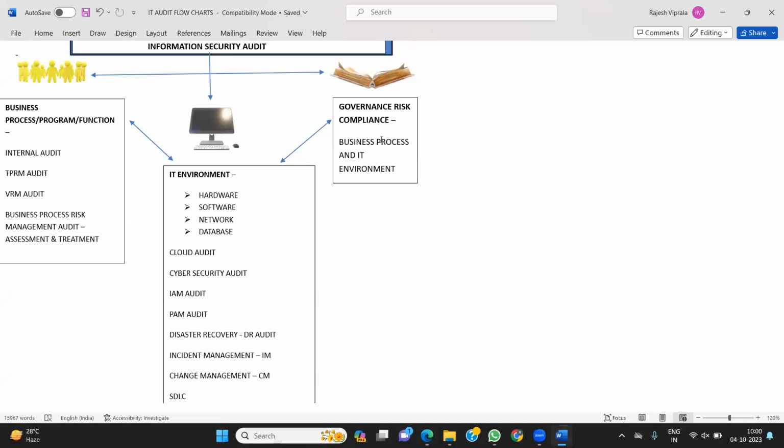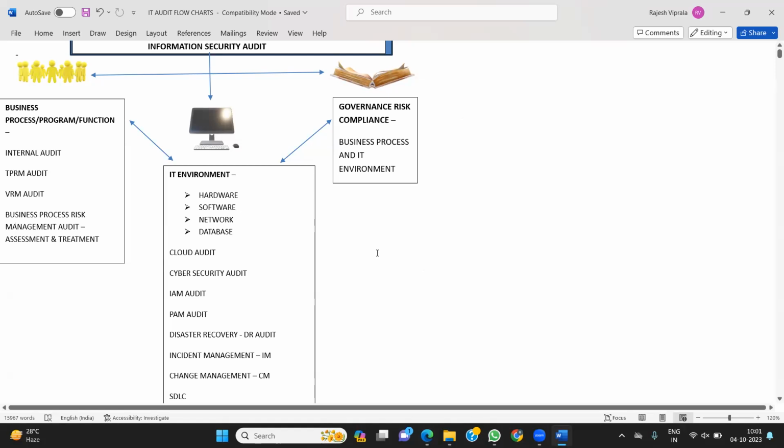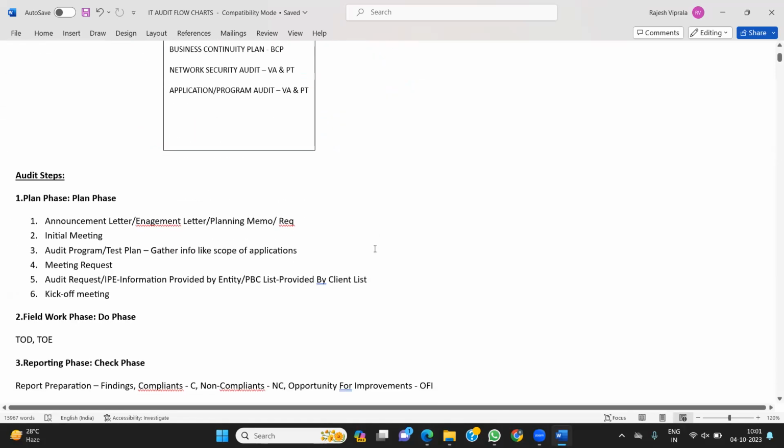Similarly, if you are doing audit on the business process, you should know what is the IT domain involved in this particular business process, and you should know what is the governance part in this particular function. So this is what we discussed at the initial, and I'm going to share this file also so that it becomes easy for you to understand.